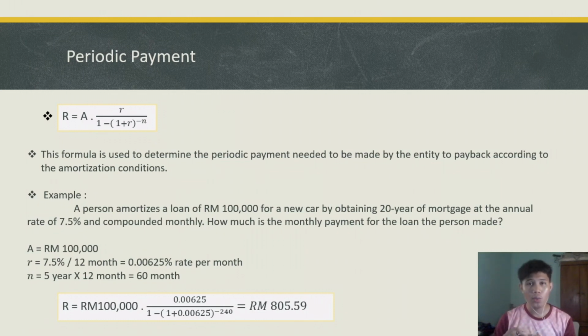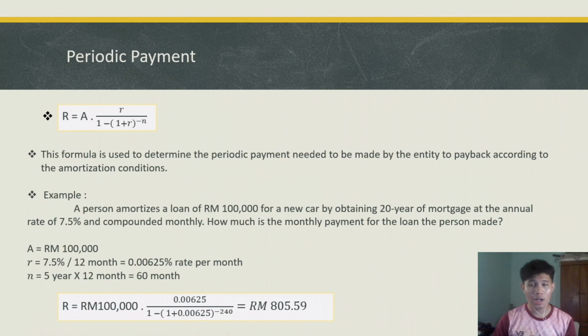First of all, we need to identify the important information according to the formula, such as the initial amount, the interest rate, and the number of periods. Then only we can put it in the formula. So the initial amount of the loan is RM 100,000, and the rate is 0.0065 per month, because the given 7.5% rate is annual.